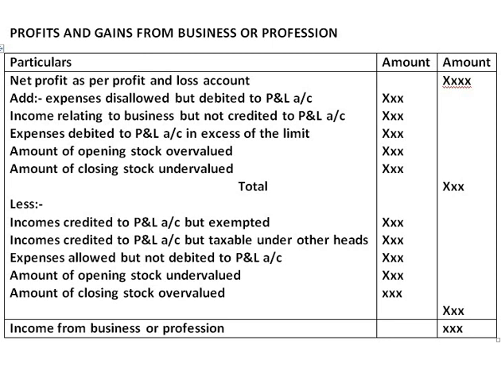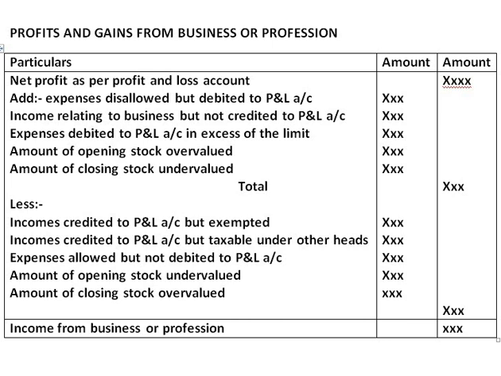That means you have overvalued opening stock by 2,000 rupees. Here you should add only the amount which is overvalued, that is 2,000 rupees.